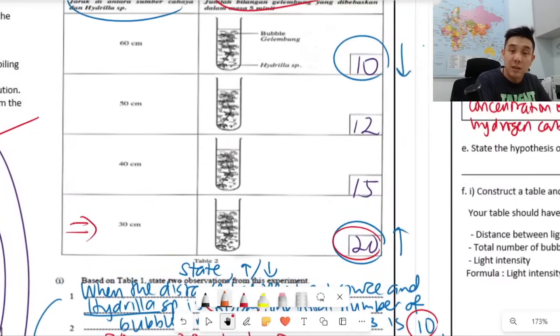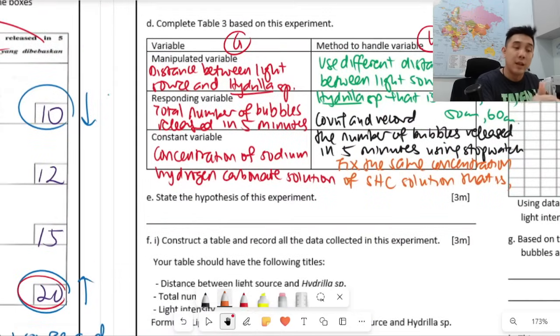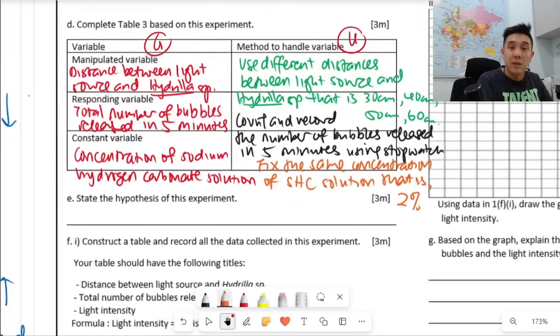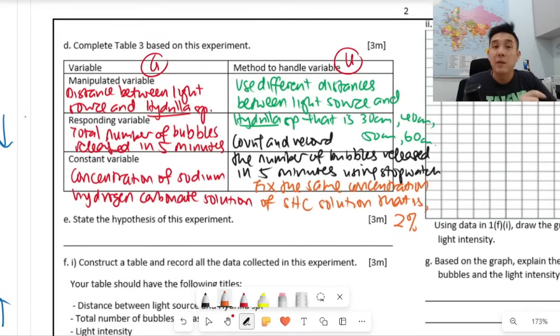Yeah, 2%. Always double check what you're writing. Done. So this is how you tackle method to handle variable in unguided, and that is the reason why in the previous lesson I also told you that I prefer it to be unguided in a way.